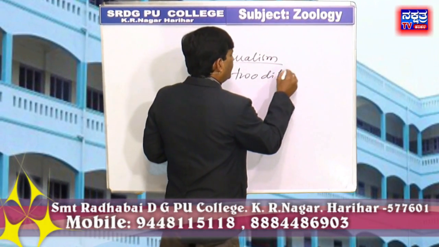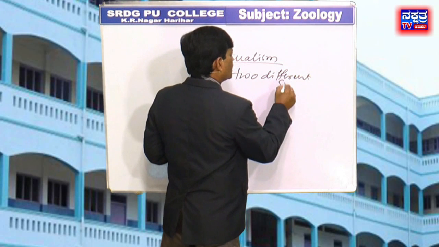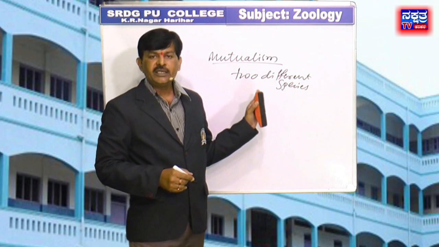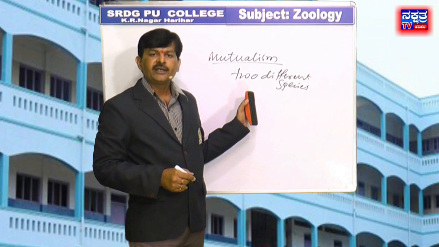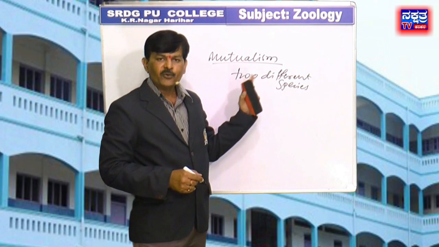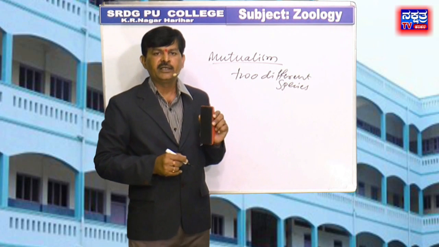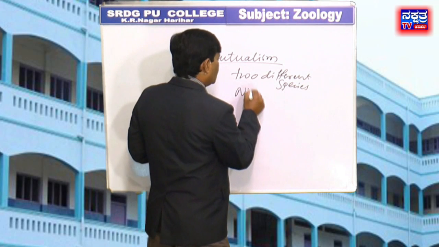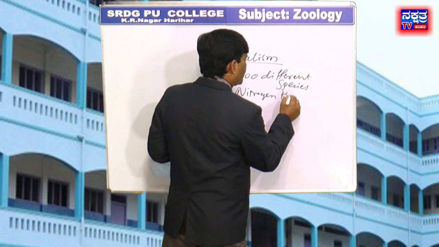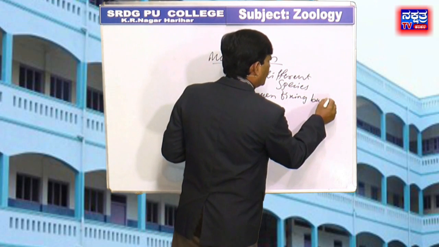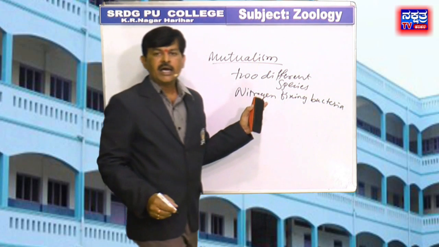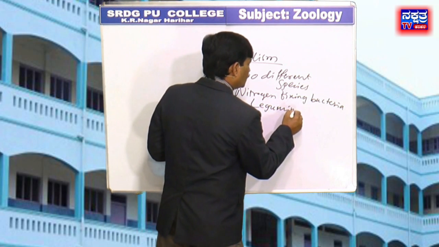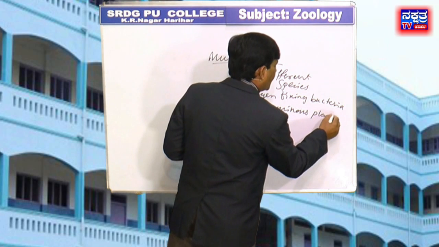in which each organism benefits from their interaction in some way. For example, the partnership between nitrogen fixing bacteria and leguminous plants.